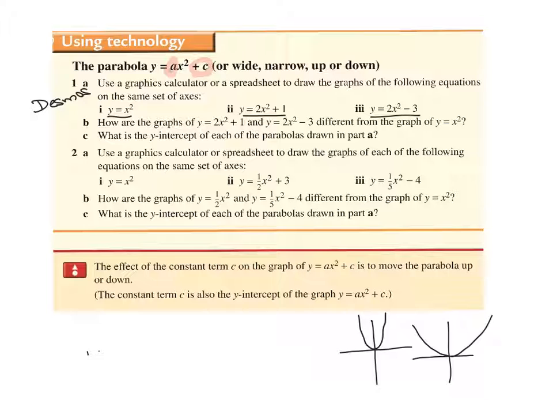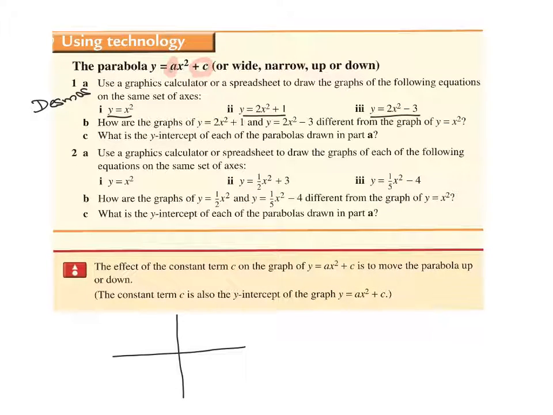Now what you should hopefully notice, and I'm just going to remove these down below here so I can reinforce what you should have been seeing on Desmos. Let's pretend that this is y equals x squared.